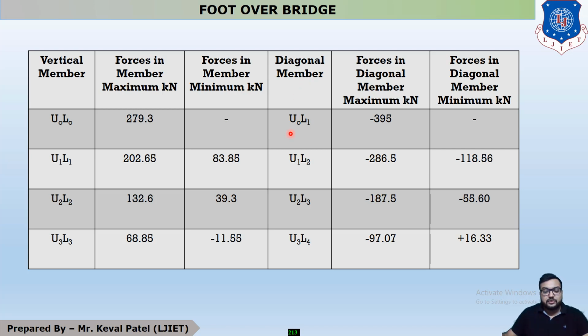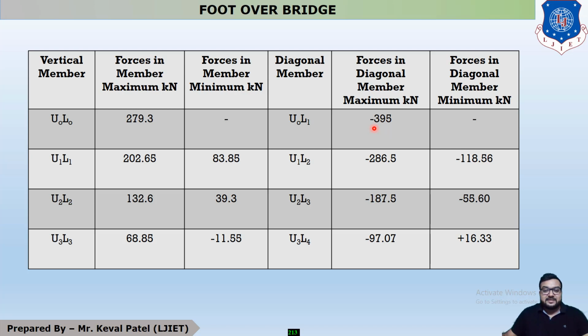So it is U0L1, and for U0L1 your equation is 1.414 into V. It means you multiply 279.3 by 1.414, and the answer is 395 kilonewton.